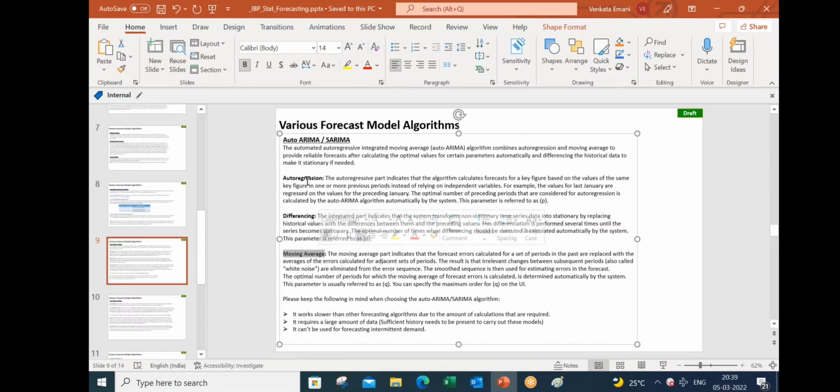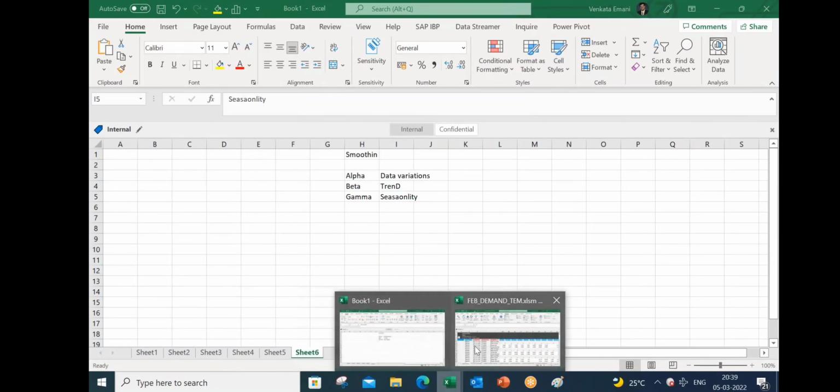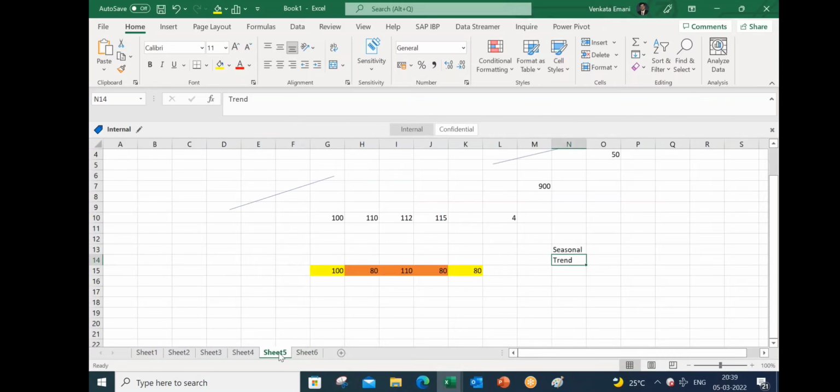Like in auto regression, what will happen is, you have a history pattern like this. Suppose you have January, February, March, April, like this. In auto regression, January 2022 is 100.